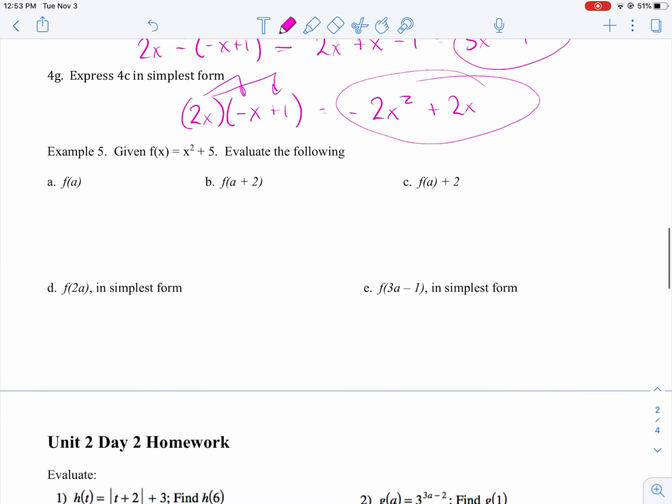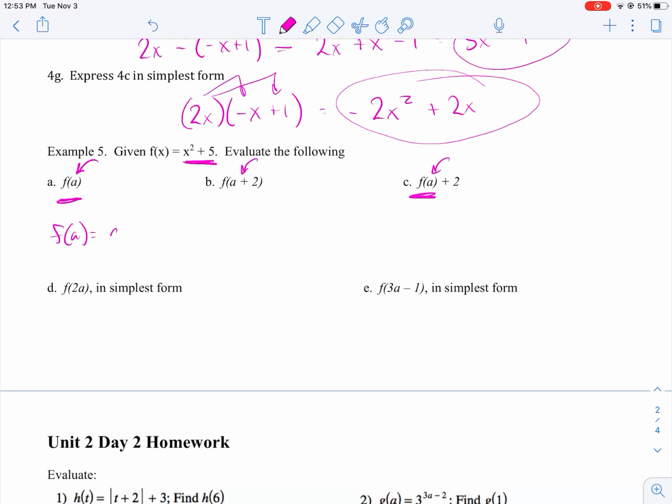Now, last group of problems here. In this case, they're giving us something different. They're actually giving us not a number, but an expression. But the process is still the same. The difference between this one and this one is we're taking whatever we have for f of x and substituting an a in there.